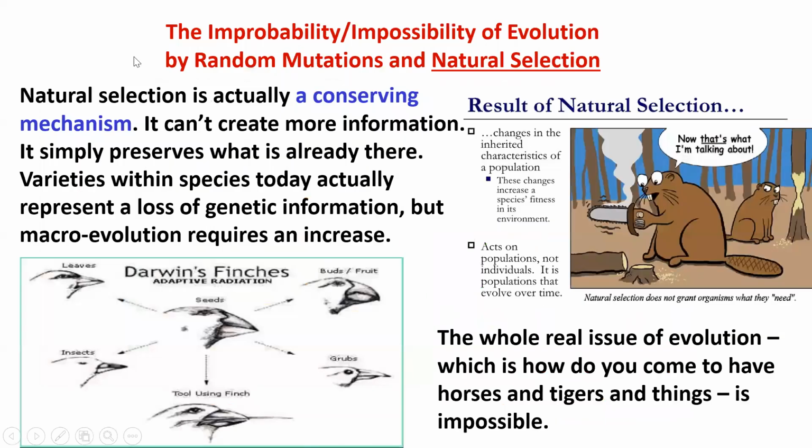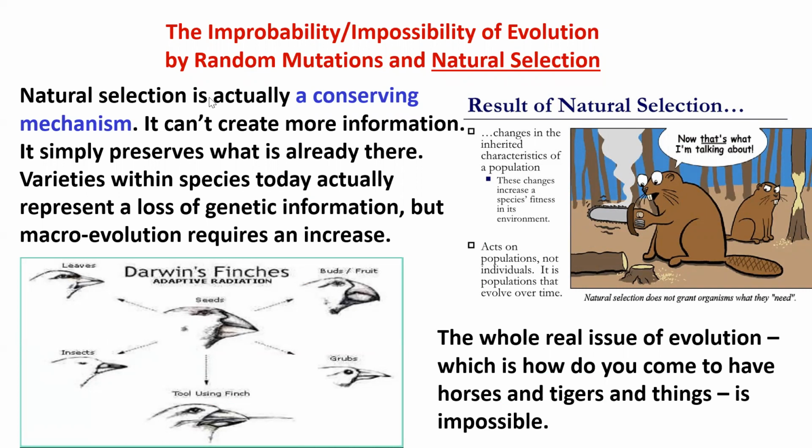Let's take a look and see this improbability and impossibility of evolution by random mutations and natural selection. Okay, so they're saying, yeah, natural selection, but also random mutations. So that means long hair will die and short hair will come up if it is a hot climate. Okay, natural selection.